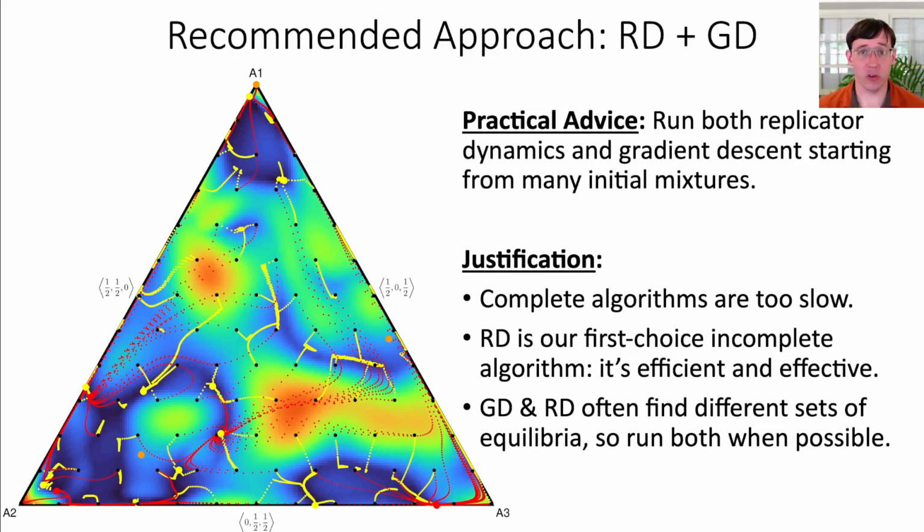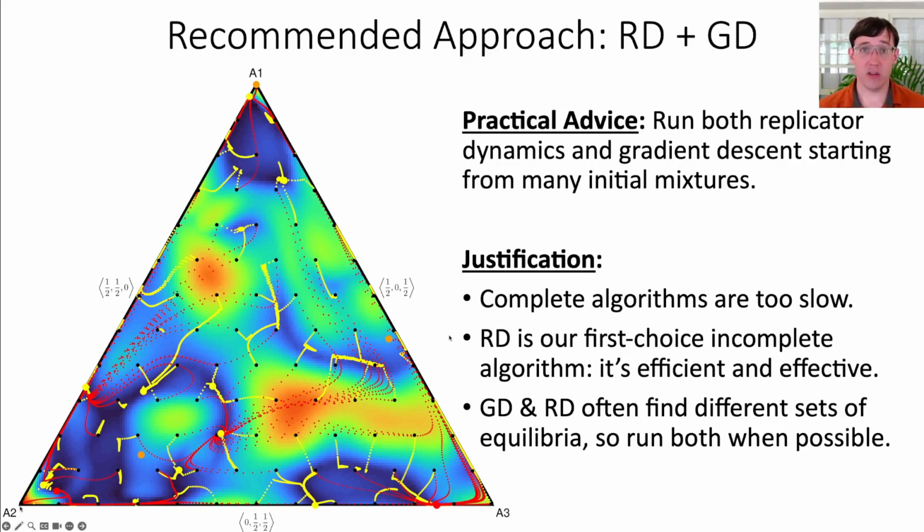With our data structures, we've found that the most effective way to compute as many Nash equilibria as possible in a large symmetric game is to run many instances of replicator dynamics in parallel from different initial mixtures, and also to run many instances of gradient descent in parallel from different initial mixtures, and then to combine the sets of equilibria found by replicator dynamics and gradient descent.